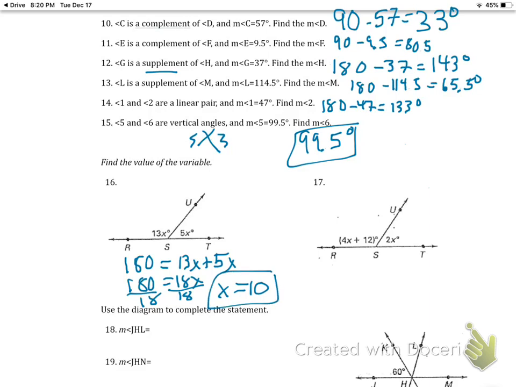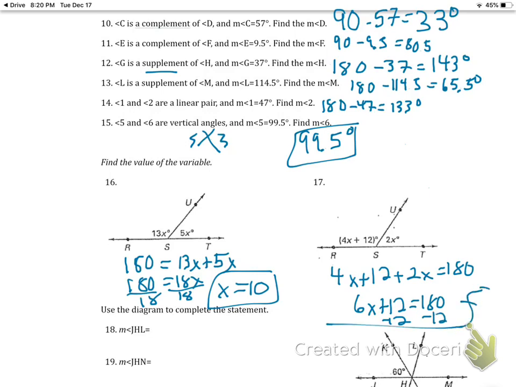Once again, we see that we have two angles that are adjacent, with non-shared sides forming a straight line. So we see that we have 4x plus 12 plus 2x equals 180. We end up with 6x plus 12 equals 180. Got to get that x by itself. Subtract 12, subtract 12.